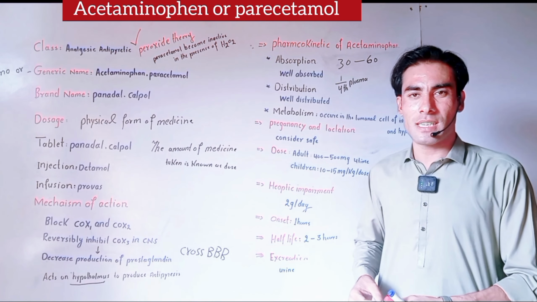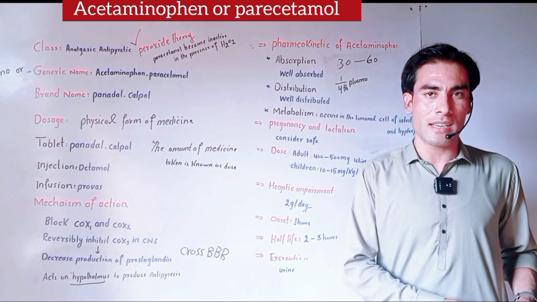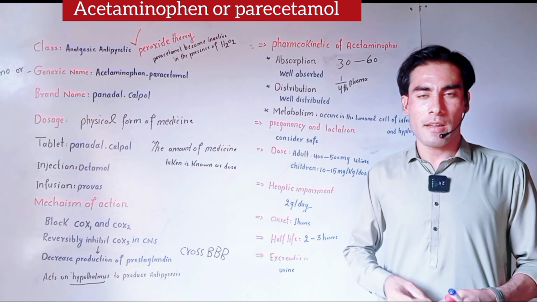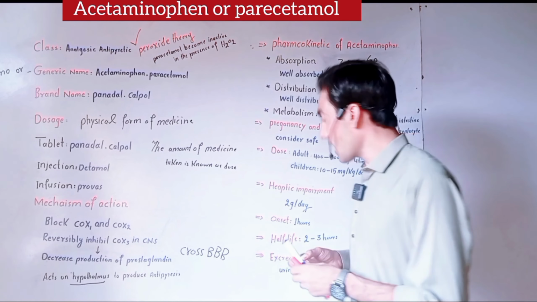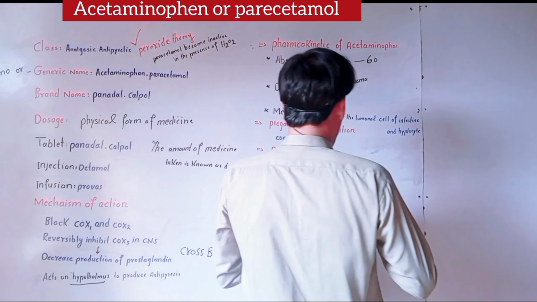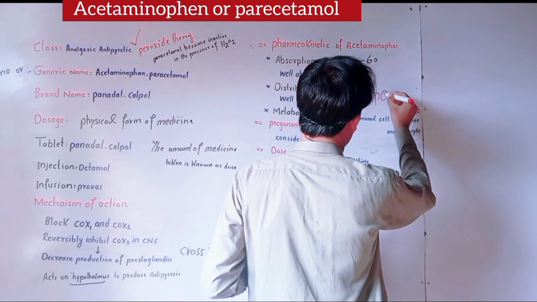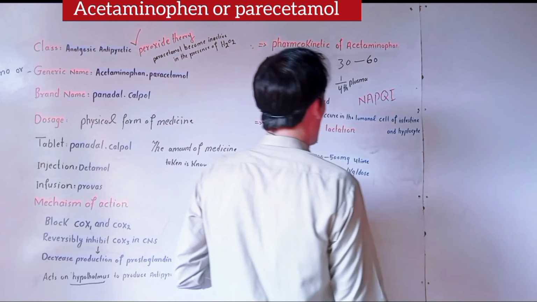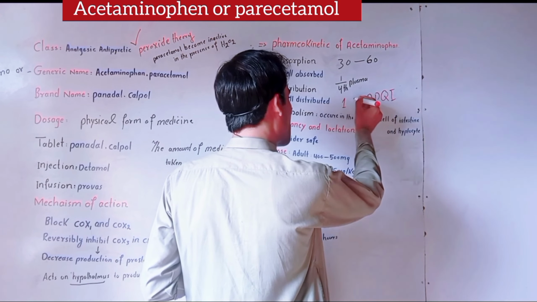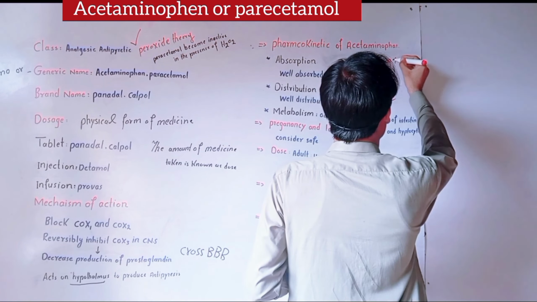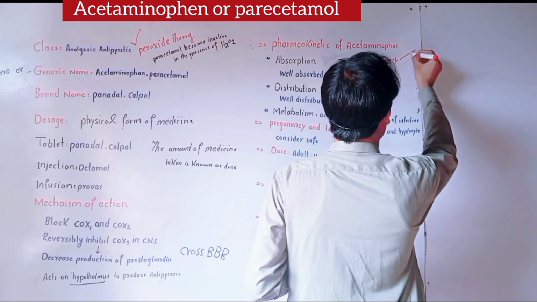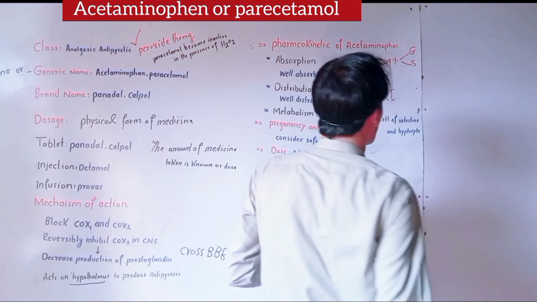A portion of acetaminophen is hydroxylated and forms N-acetyl-p-benzoquinone imine. Only 1% of this metabolite is formed and 99% is glucuronidated and sulfated metabolites.